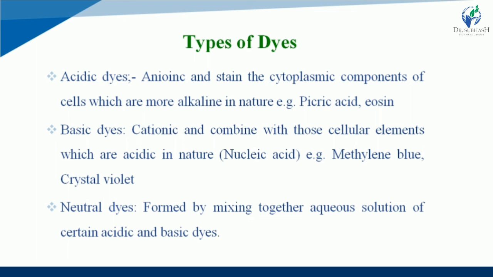The last one is neutral dyes, which are formed by mixing together aqueous solutions of certain acidic and basic dyes. So what is a neutral dye? It is formed by mixing together aqueous solutions of certain acidic as well as basic dyes.